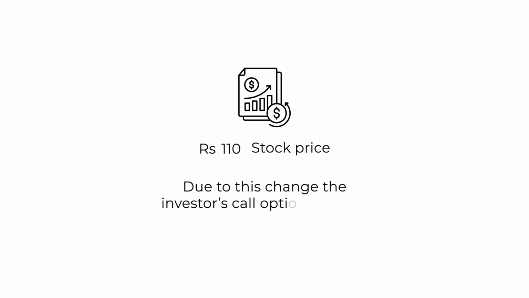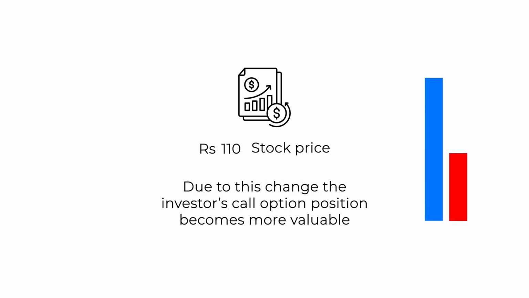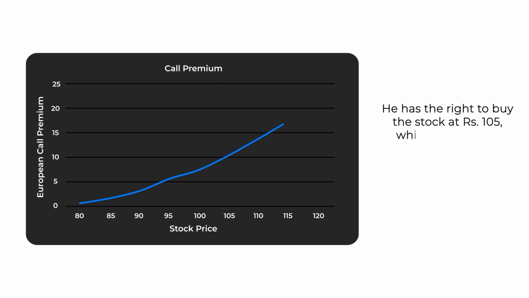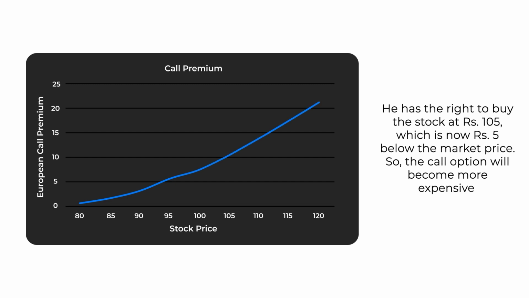Now suppose, keeping everything else the same, the stock price increases from rupees 100 to 110. Due to this change, the call option position of the investor will become more valuable because as a holder of this call option, the investor has a right to purchase the stock at rupees 105, which is 5 rupees less than the prevailing market price, which increases the value of the call option, hence the premium of the option goes up.